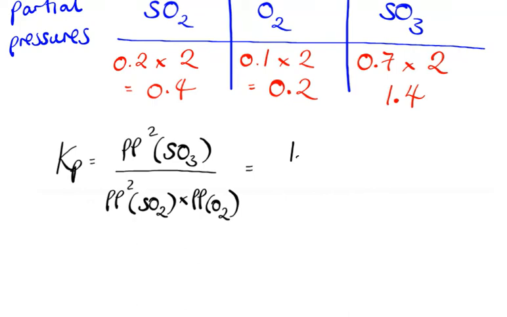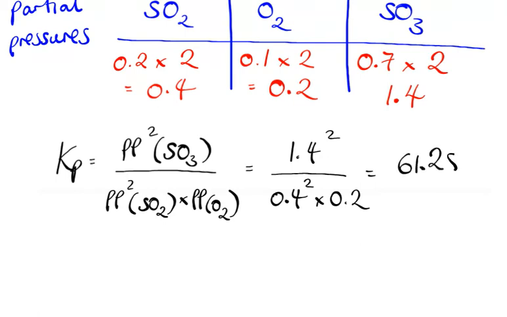So that was 1.4 squared over 0.4 squared times 0.2, and I got 61.25 for that. Looking at the sig figs in the question, probably sensible to go to 2 sig figs, so we'll leave that as 61.